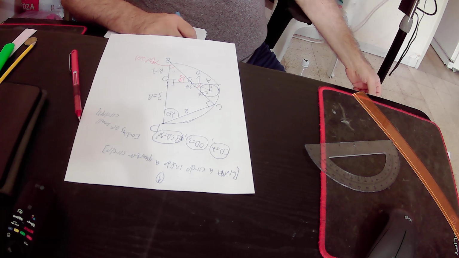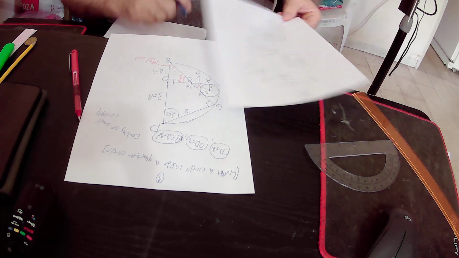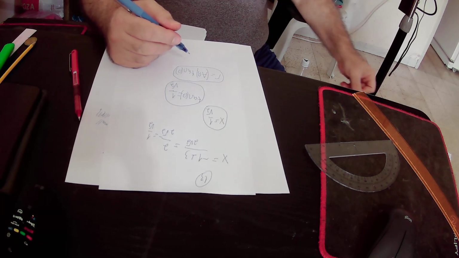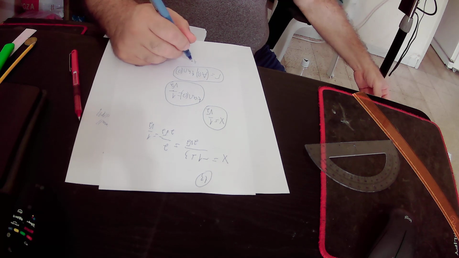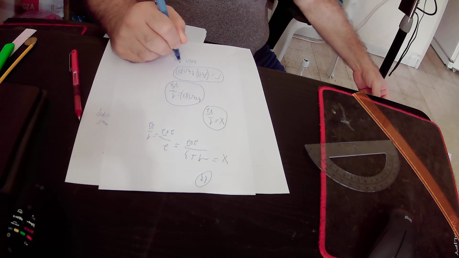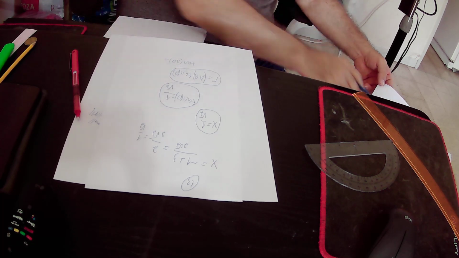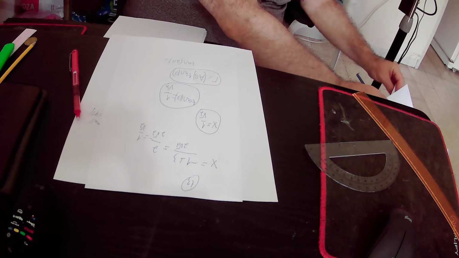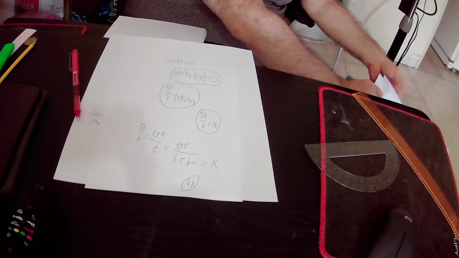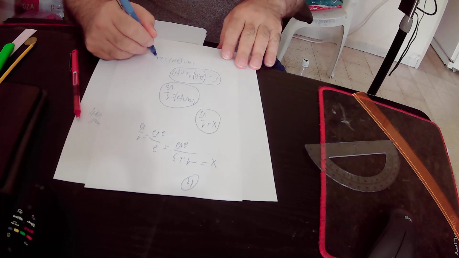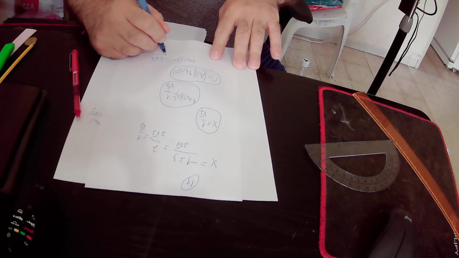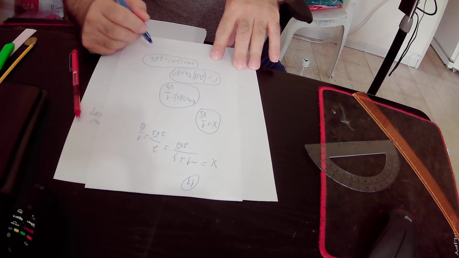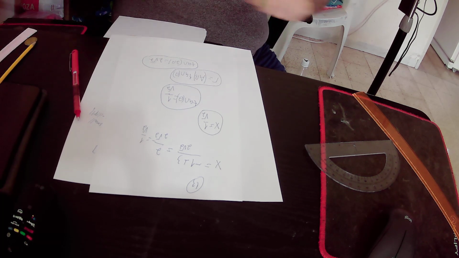As you remember, we also found that the value of tangent 2 theta equals 2 times root 2. So tangent theta equals 1 over root 2, and tangent 2 theta equals 2 times root 2.